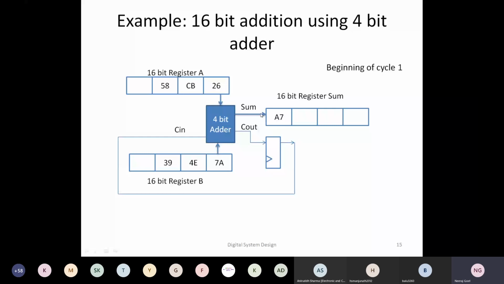So now the sum A0 which was calculated would be transferred here, and A7 is shifted this way. Similarly, all these registers are also shifted in the right direction. My C out is registered, and this will also be available for the next C in. This way, by the end of cycle 3 or beginning of cycle 4, I would have the complete content here, and this register has been emptied.